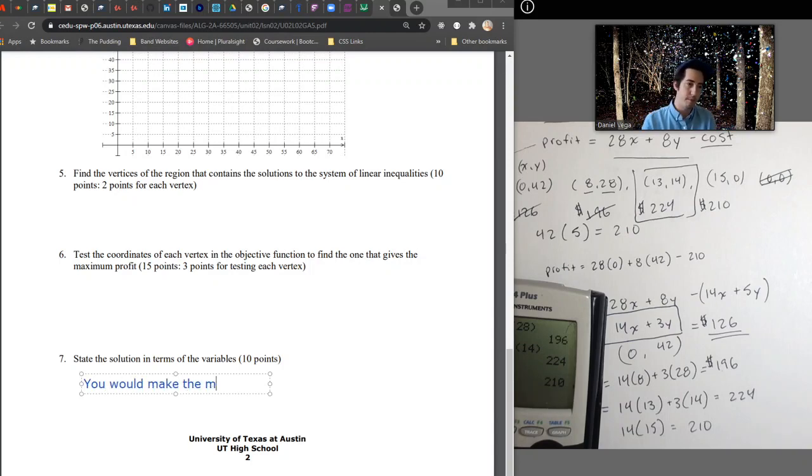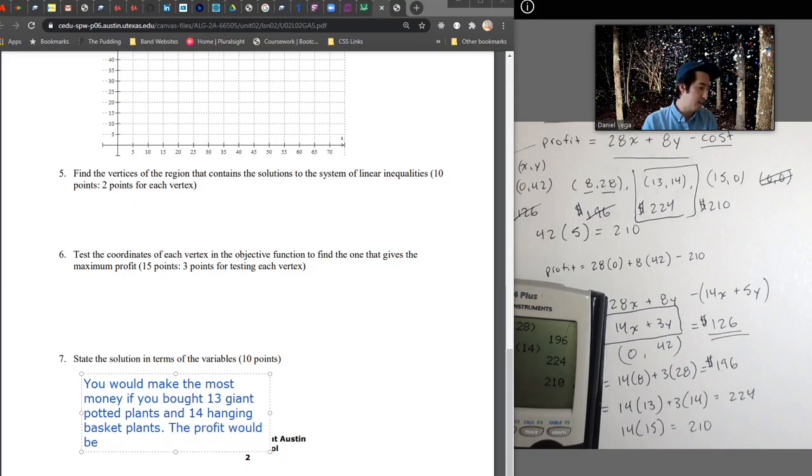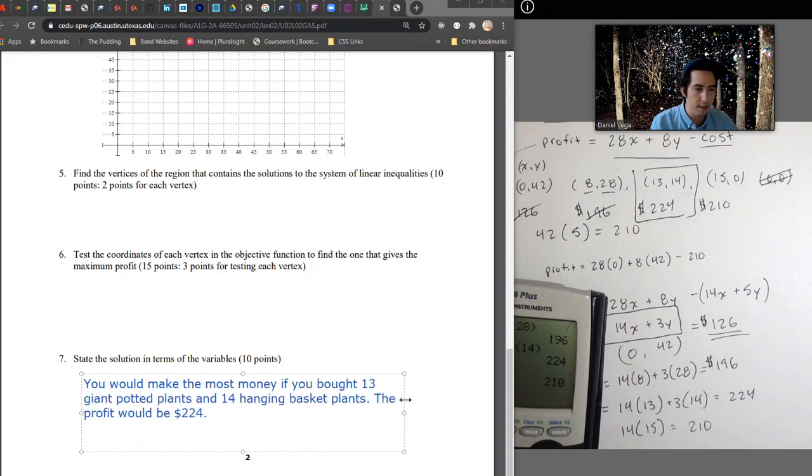You would make the most money if you bought 13 giant potted plants and 14 hanging basket plants. The profit would be $224. Something like that. That's stating your solution in terms of variables, right?